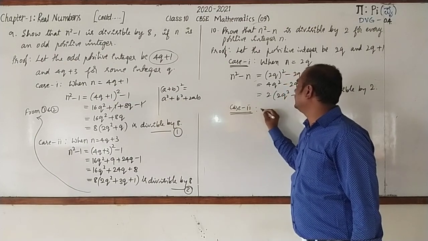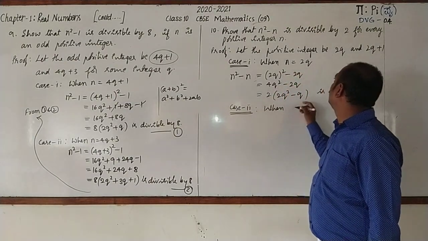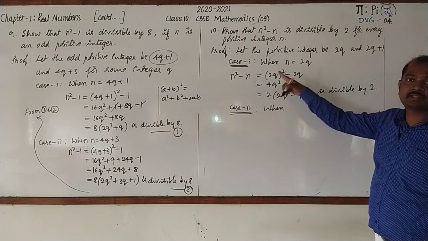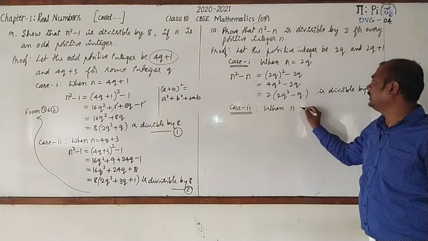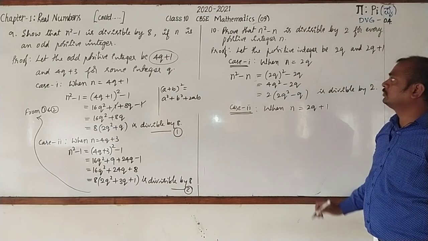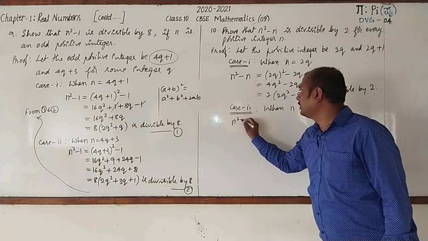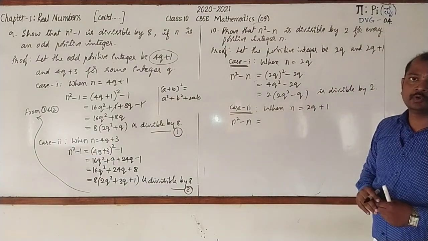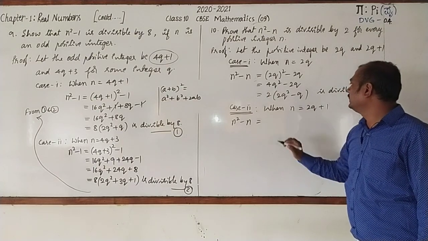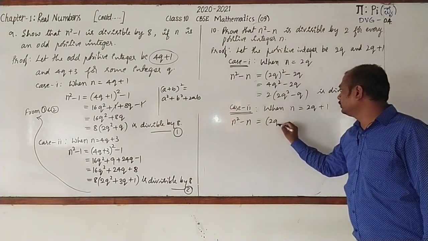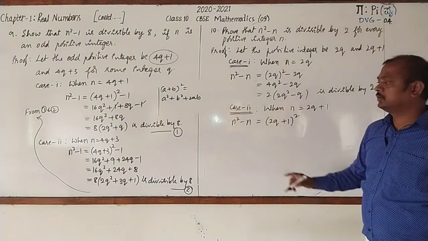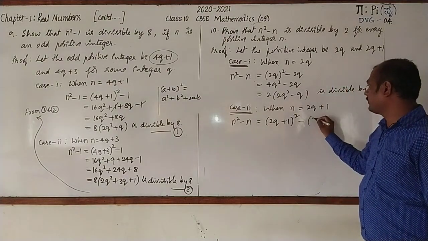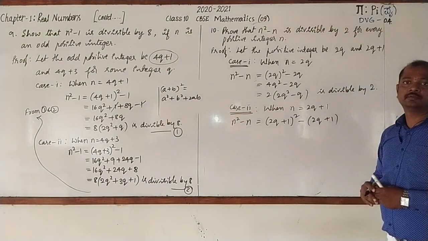Next, let us go for taking case 2. In the second case, I am going to take 2q plus 1 in place of n. When n is equal to 2q plus 1, then n square minus n is equal to 2q plus 1 whole square minus of 2q plus 1.